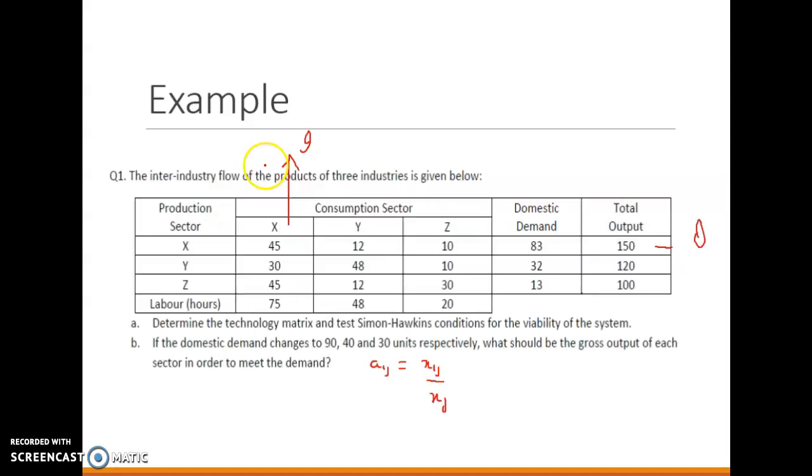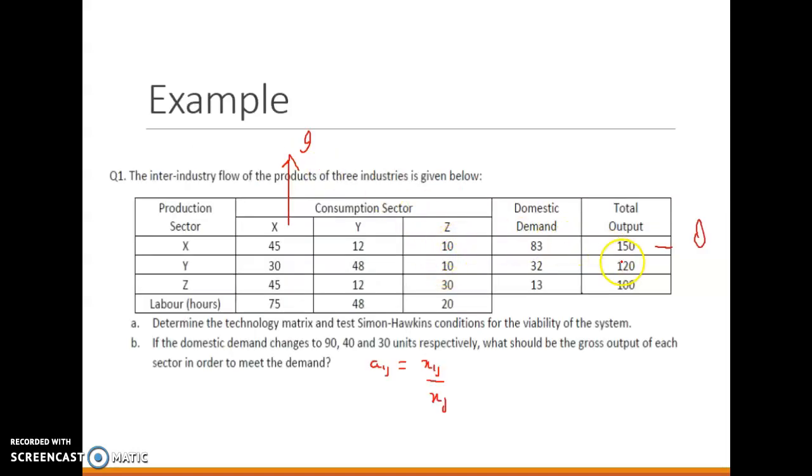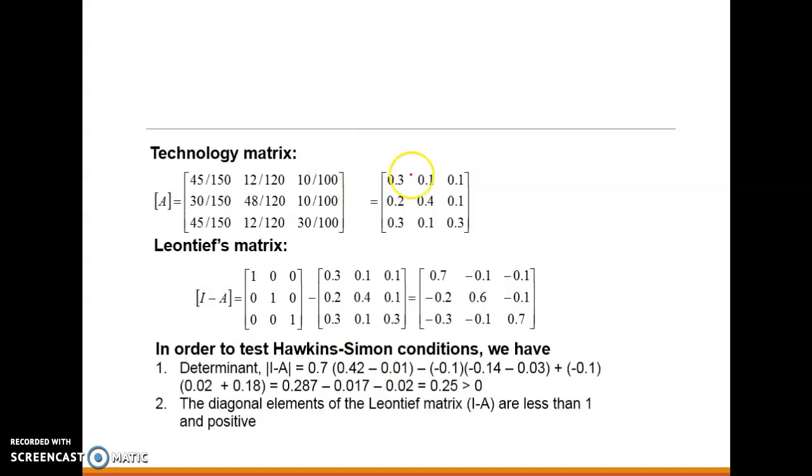For the next column, it is 12 divided by 120, 48 divided by 120 and 12 divided by 120. For the third column, it is 10 divided by 100, 10 divided by 100 and 30 divided by 100. This way you can calculate your input output coefficient matrix. So this is your technology matrix.